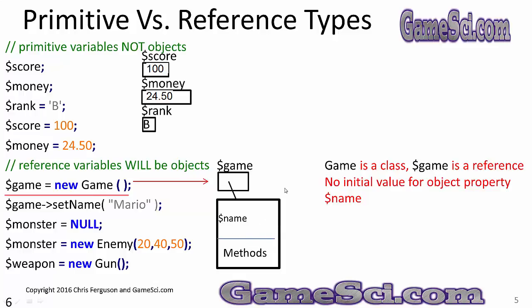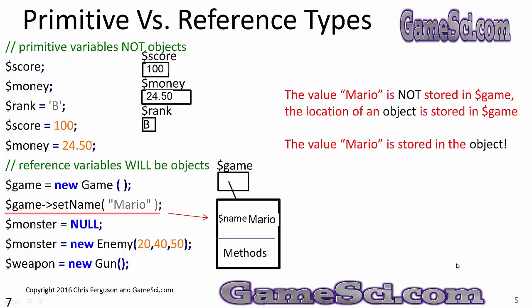I'll build a $game reference variable and point it to this game object, which doesn't contain any data at the moment. Looking at this next line of code, $game arrow set name of Mario. I want you to understand that the value Mario is not stored in the variable $game.